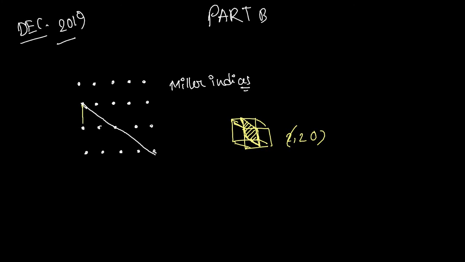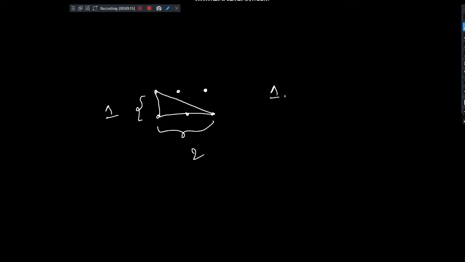Like that way, suppose we have considered one small part, then as you can see, this part is half of this part. So this part is 1, this part 2. So no z is there, so 120. So the Miller indices will be 120.